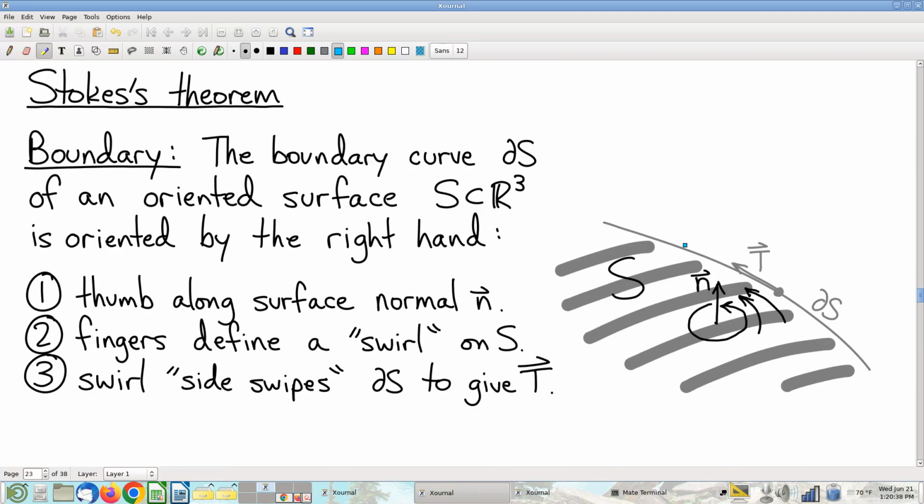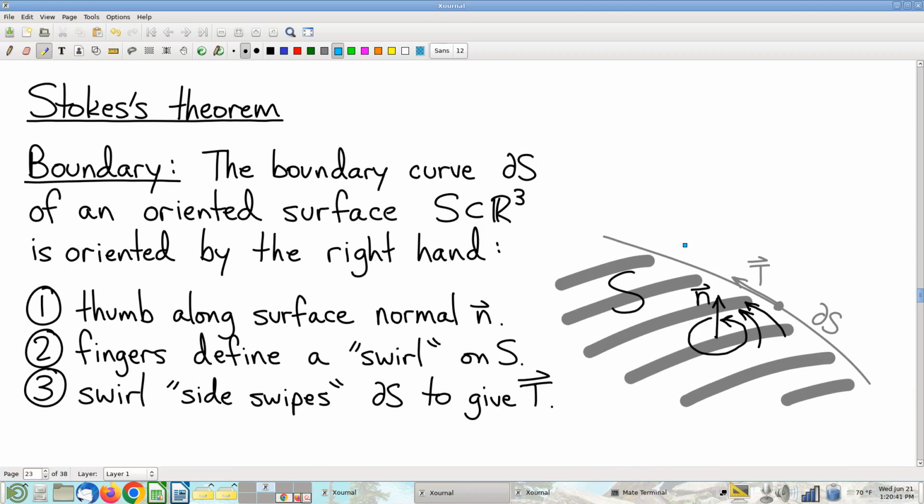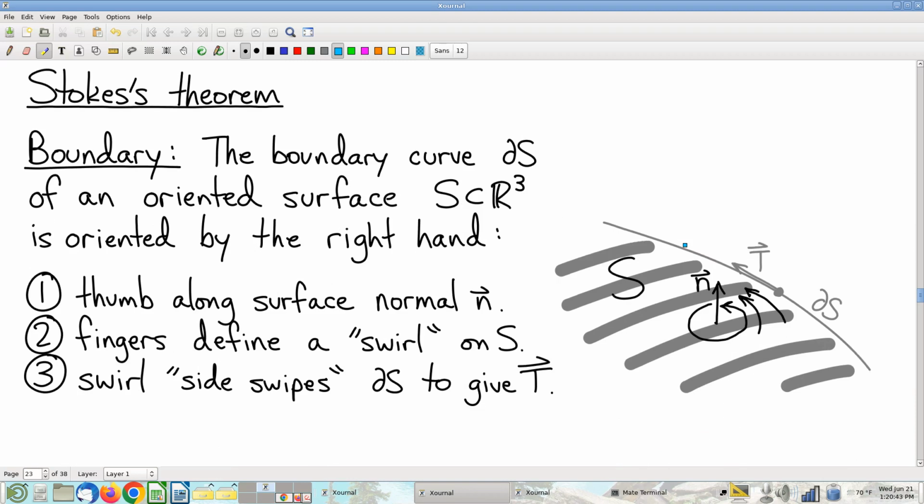And move on now and talk about Stokes' theorem. Again, there's some setup that we have to do. We've been down this road a bunch of times at this point. I have to tell you what the deal is with boundaries. In particular, there is an orientation to be assumed when you talk about the boundary of now a surface in space. New geometric context, but I've got to talk about boundary. What do I mean by orientations?